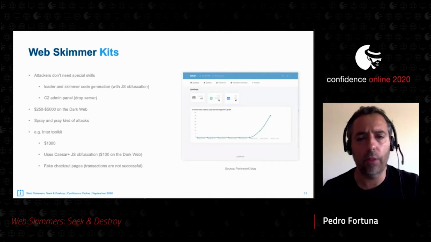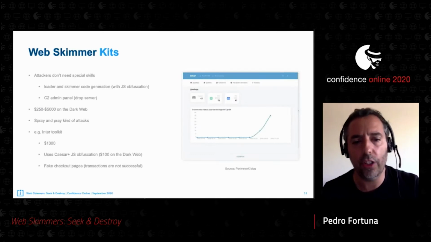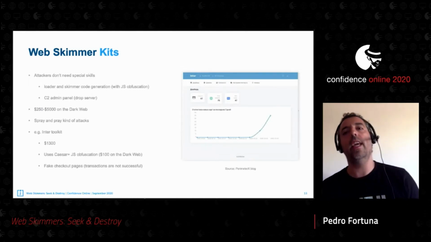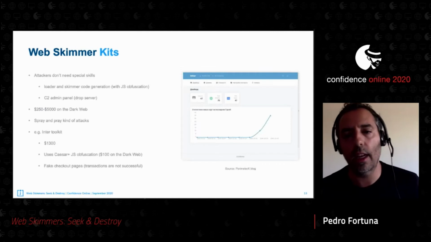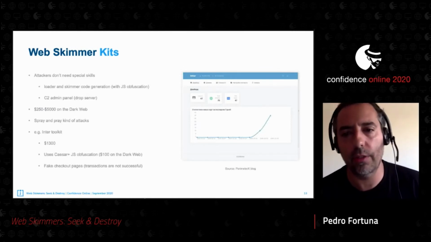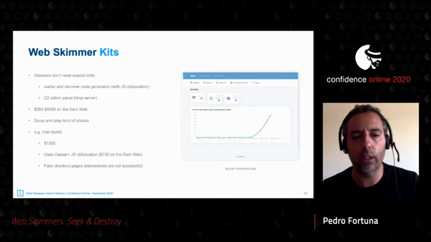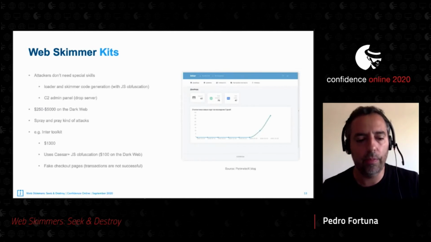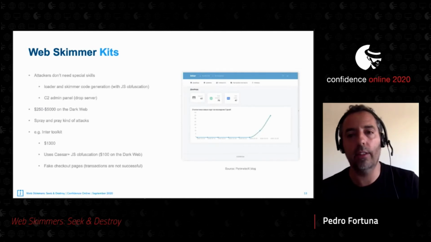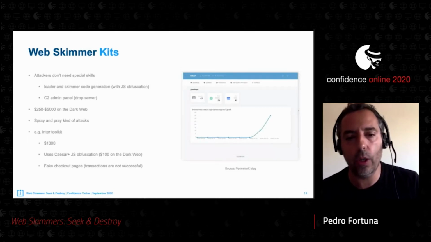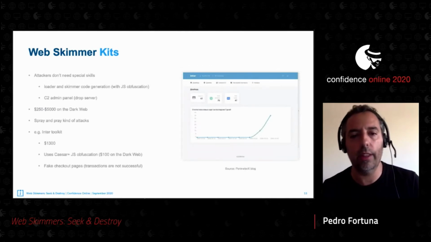But the problem with this toolkit is that it does fake checkout pages. What this means is that the user enters the data, but then clicks submit, and the transaction will not be successful. So this is actually a bad example, because the user will realize that something has happened, will probably contact support, and the infection will probably be discovered sooner rather than later.